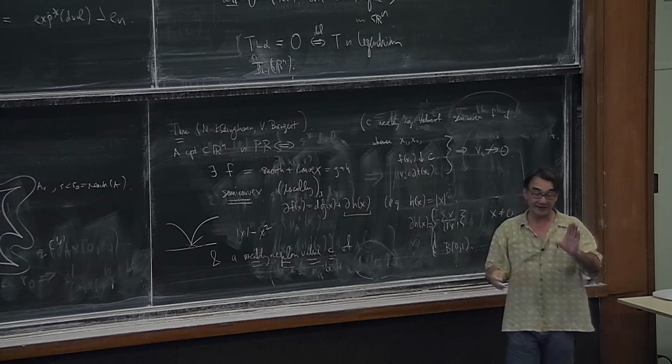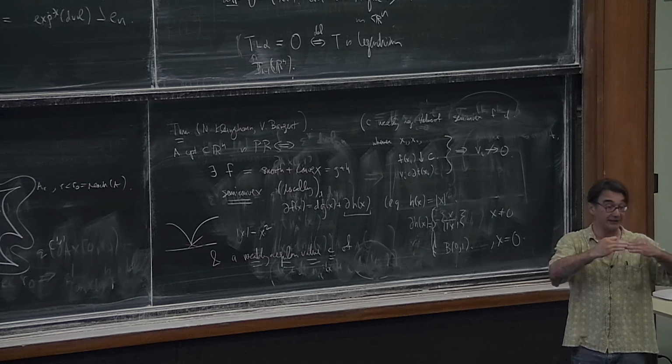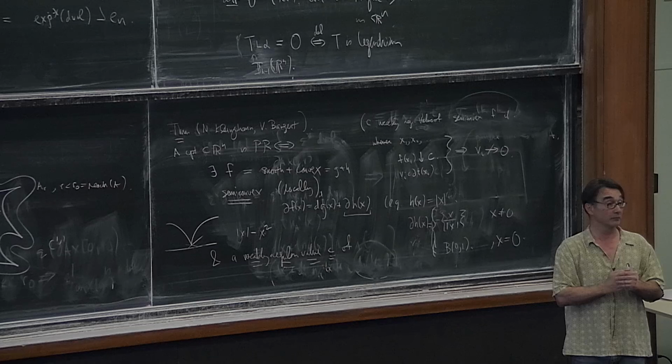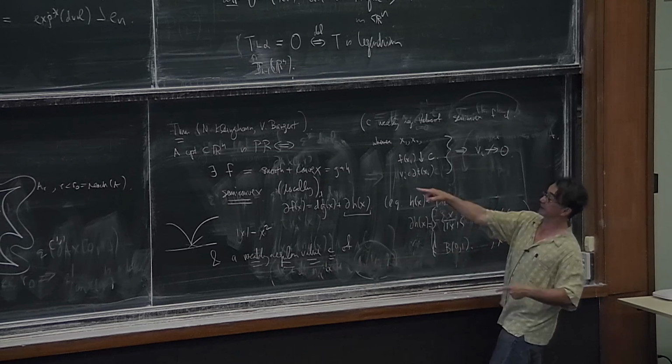In other words, the subgradients at values slightly larger than c are bounded away from 0. And finally, what's the characterization?